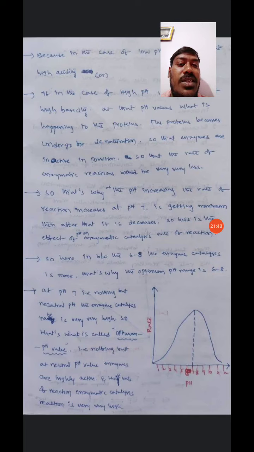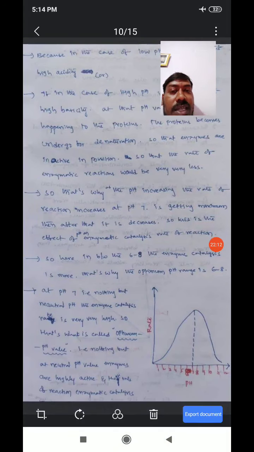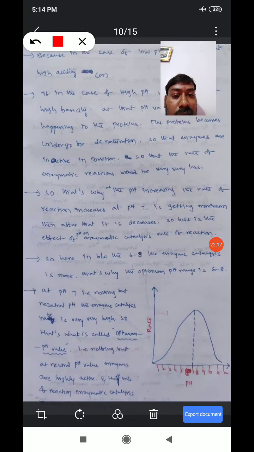Since the enzymes are inactive, the rate of enzymatic reactions would be very, very less. That's why, as the pH increases, the rate of reaction increases, and at pH 7 it gets maximum.